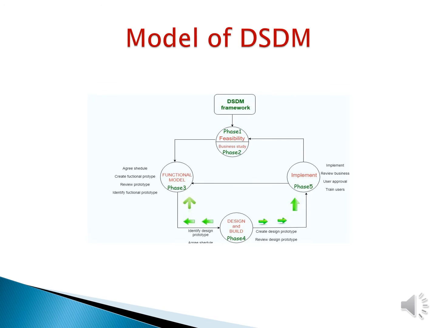Then the next phase is the functional model iteration. The functional model iteration produces a set of incremental prototypes that demonstrate the functionality for the customer. It works on refining high level business information requirements and functions of the system identified during the business study of the methodology.